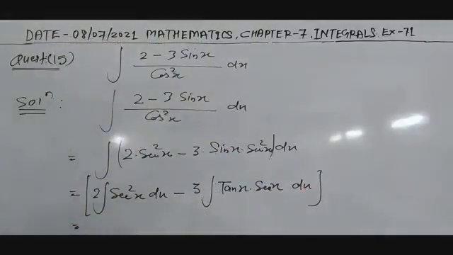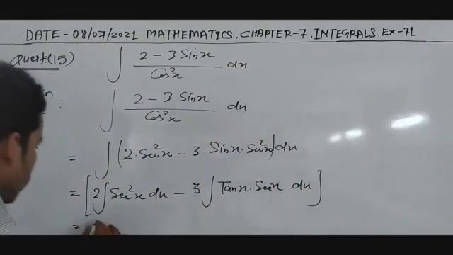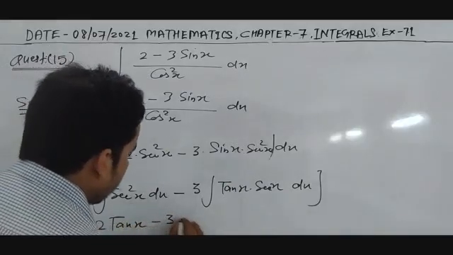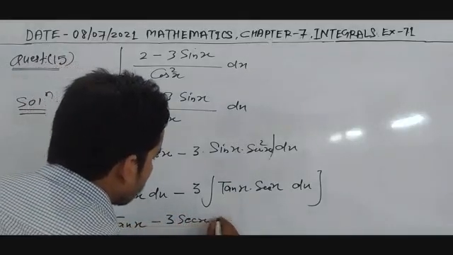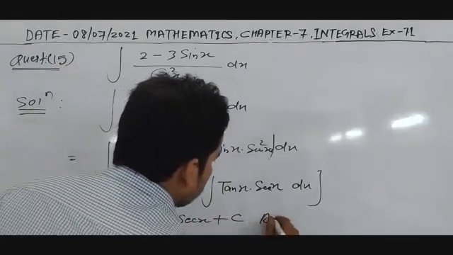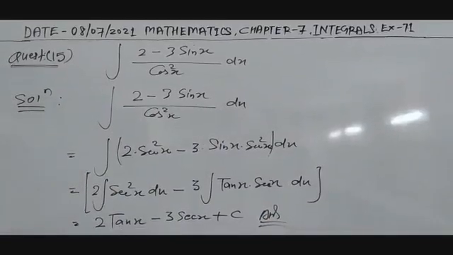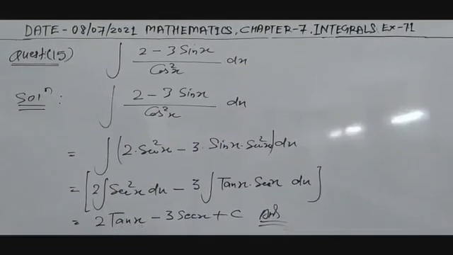Now its answer will be 2 times tan x minus 3 times sec x plus c. This is the answer. Now exercise is totally completed.